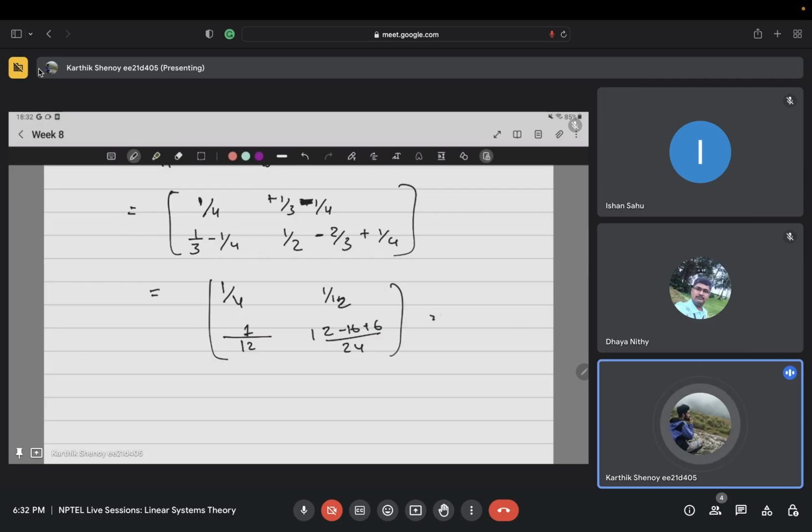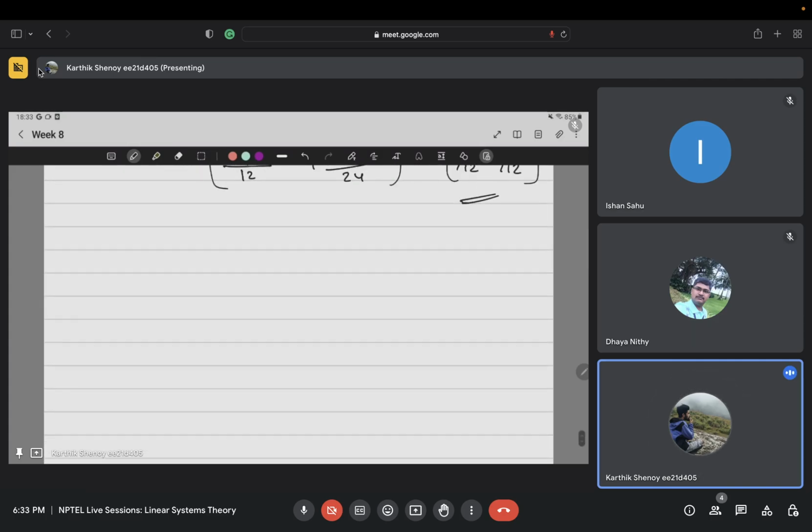Yeah, so that is equal to 1 by 4, 1 by 12, 1 by 12, 1 by again 12. Okay, I'm not sure about that, but okay. So this is actually invertible, and let's take the second case when c was equal to 0, 1.